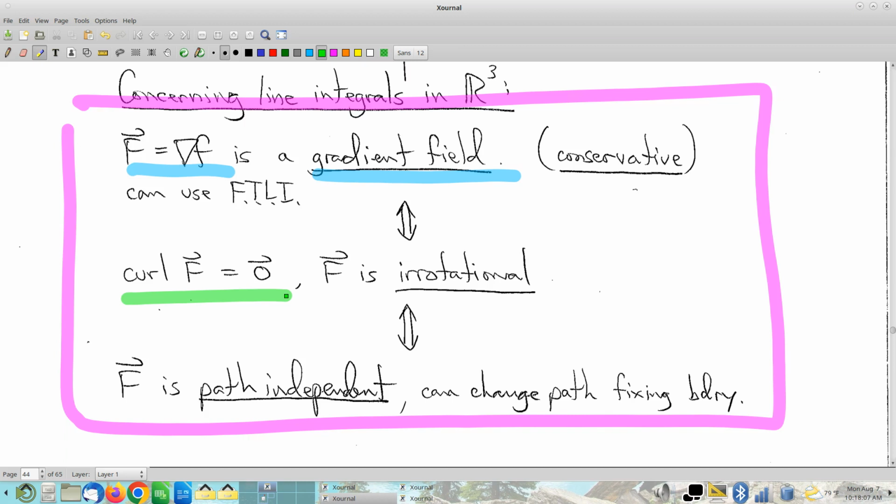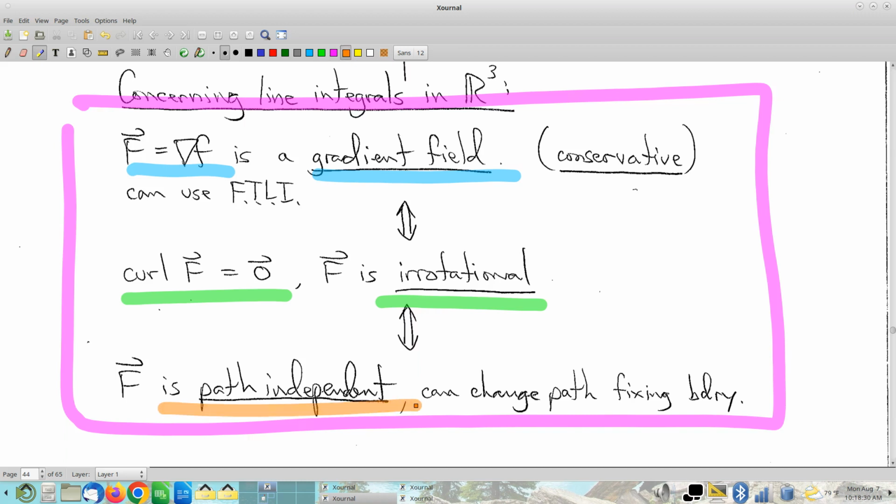And reminder, curl is a way of measuring how much of a rotational aspect of the fluid there is. Curl being 0 means there is no rotational aspect, and thus the term irrotational. And again, the other shared property of these vector fields is that they're path independent.